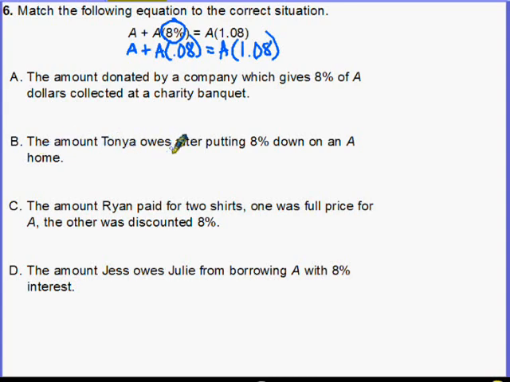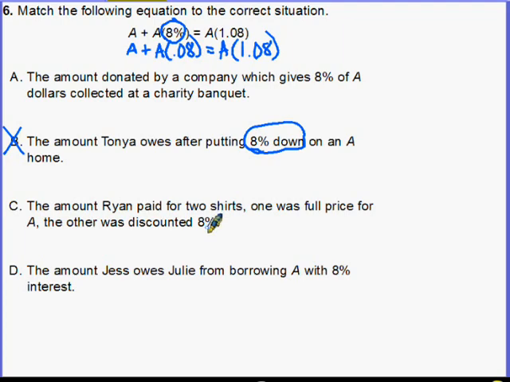Let's look at letter B. The amount Tanya owes after putting 8% down on a home. Okay? Well, if she's putting 8% down, that means that should decrease the amount that she owes on the home. You see right here, there's an increase of the amount. Okay? So that can't be it.